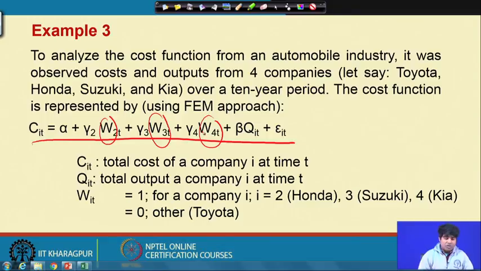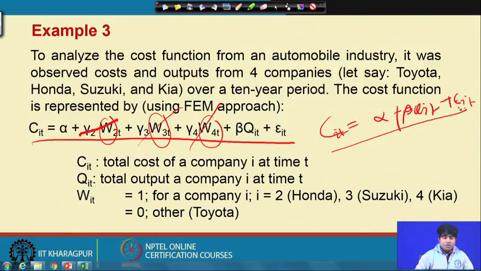Technically, when these 3 are removed, the model is restricted to C_it equals alpha plus beta Q_it plus epsilon_it. This is the company 1 structure. When we allow the second company to enter, W2 becomes 1 and the others are 0, so this coefficient is added to the intercept.